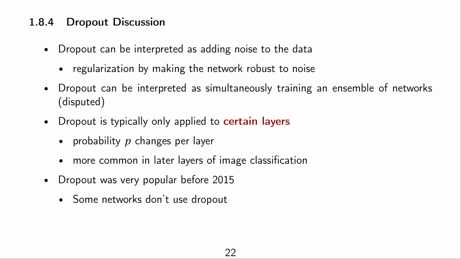Maybe we want to classify cars, and one of the features is detecting windshield, the other feature is detecting wheels, and another feature is detecting some grill, and another feature is maybe detecting a street. And so what we would like to have is that the network gets robust to maybe the absence of some of these features, and you still want to be able to classify a car, even though not all of these features are present.